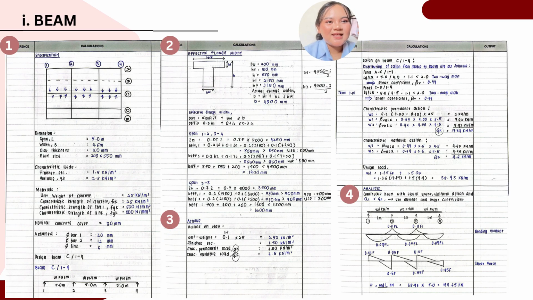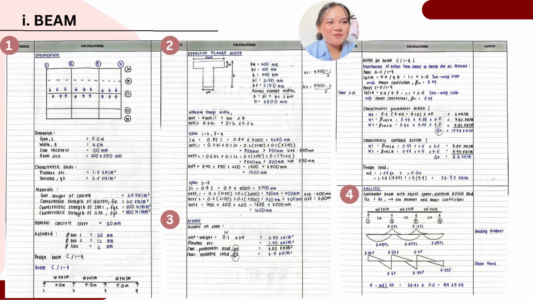Because the beam is cast monolithically with the slab, it acts as a flange section, specifically a T-beam. We calculate the effective flange width for the different spans to accurately capture the beam compressive capacity.